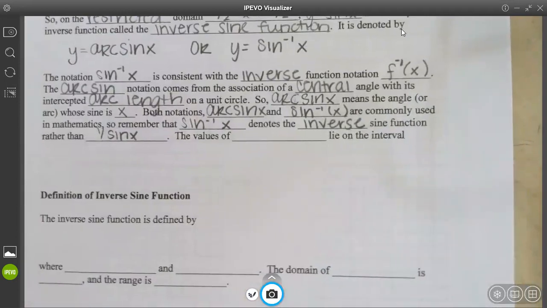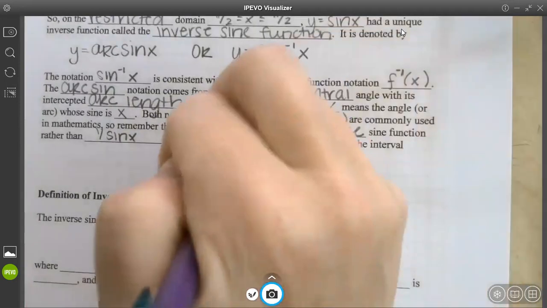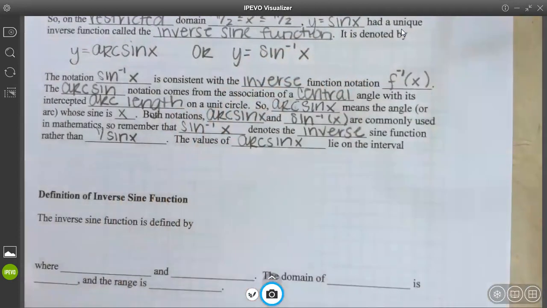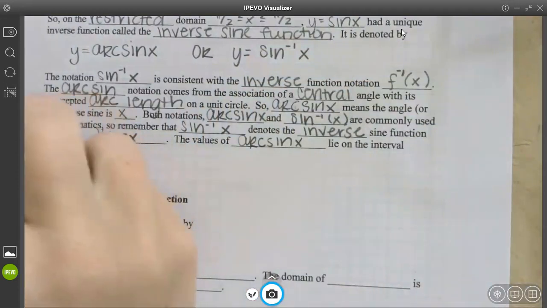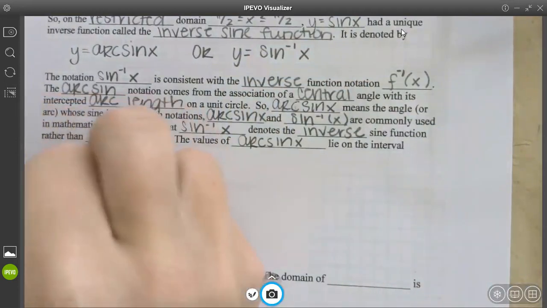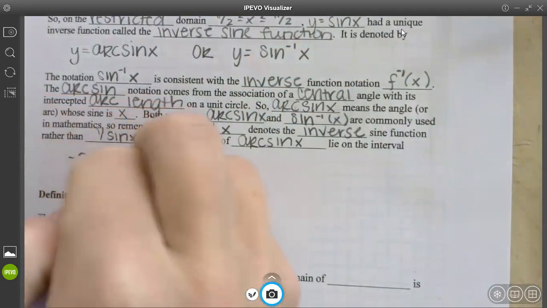And then just like I showed you, the values of arc sine x lie on the interval from negative pi over 2 to pi over 2.